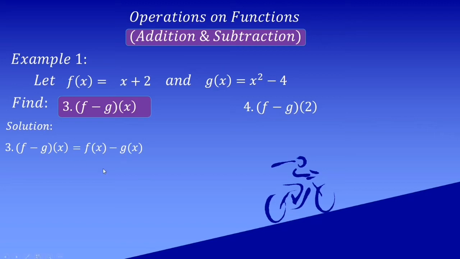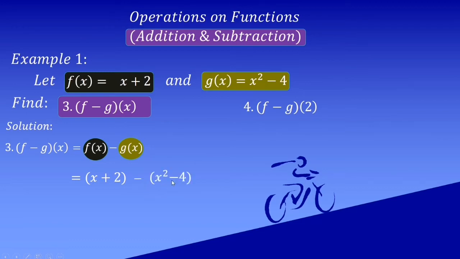So given ang ating functions here, f of x, that is x plus 2, then minus g of x, that is equivalent to x squared minus 4. Then copy x plus 2, then multiply the negative times x squared, that is negative x squared, then negative times negative 4, that is positive 4.